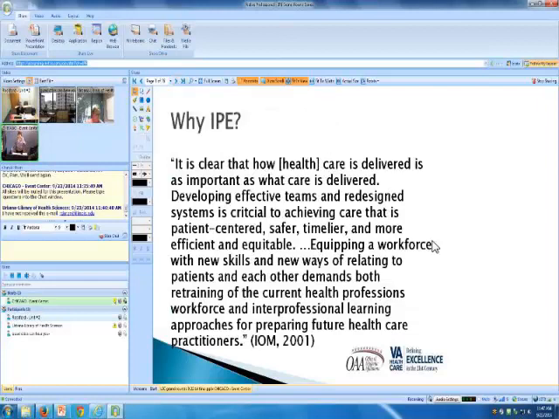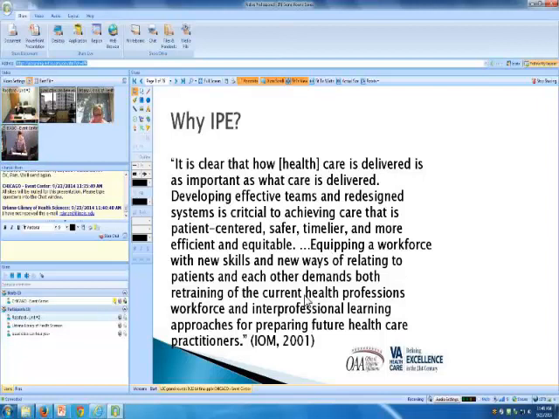So why IPE? This may be a very familiar document to many of you, but this is from the Institute of Medicine, Crossing the Quality Chasm. I'll just read this real quickly. It's clear that how healthcare is delivered is as important as what care is delivered. Developing effective teams and redesigning systems is critical to achieving care that is patient-centered, safer, timelier, and more efficient and equitable.